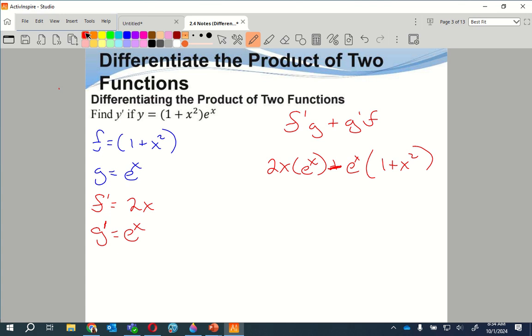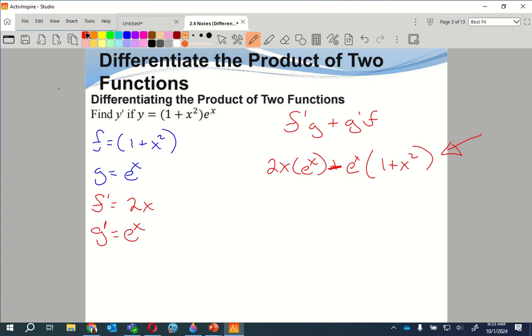Now, on an AP response, leave it there. That is correct. Unless you need to actually continue and distribute and combine like terms and all that, you leave it there.